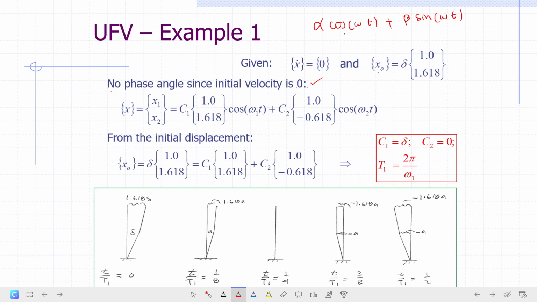Because velocity zero means you want to find the velocity: this one becomes sine, this one becomes cosine. And cosine at initial time, at time zero, is one. If this is one, it means beta must be zero. That's why finally you only have this form of solution. You can do it in more detail to check it.